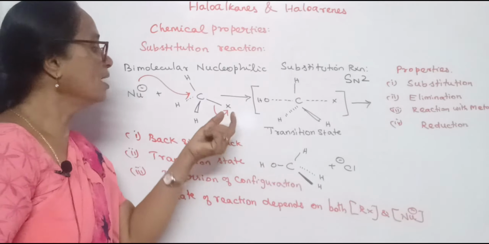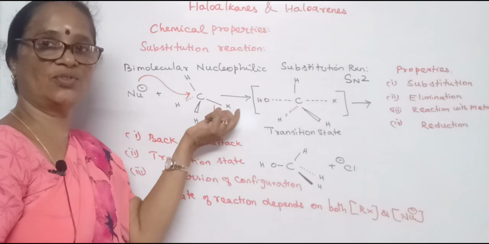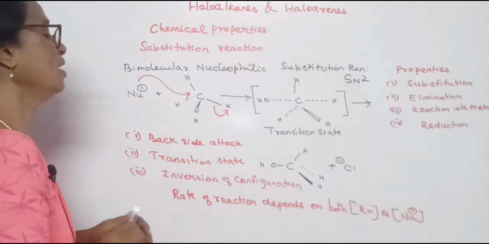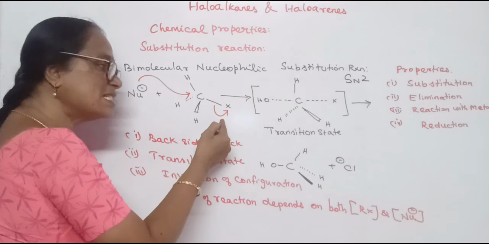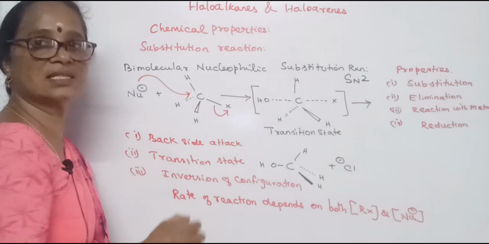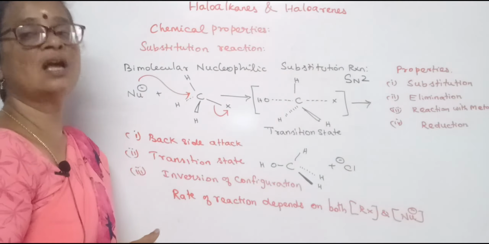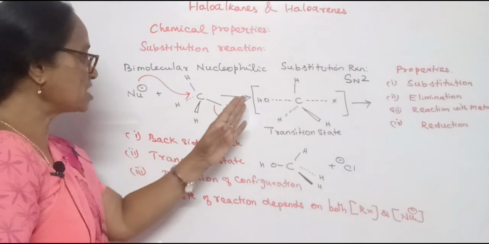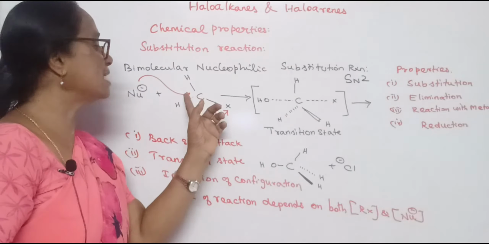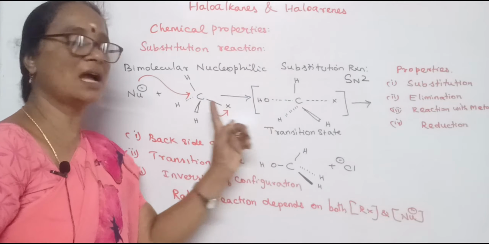The halide ion is a nucleophile, and the incoming group is also a nucleophile. When the nucleophile approaches just towards the halide ion, because of the similar charges, they repel each other. So to avoid the repulsion, the nucleophile attacks the carbon from the back side of the halide ion attached to the carbon.